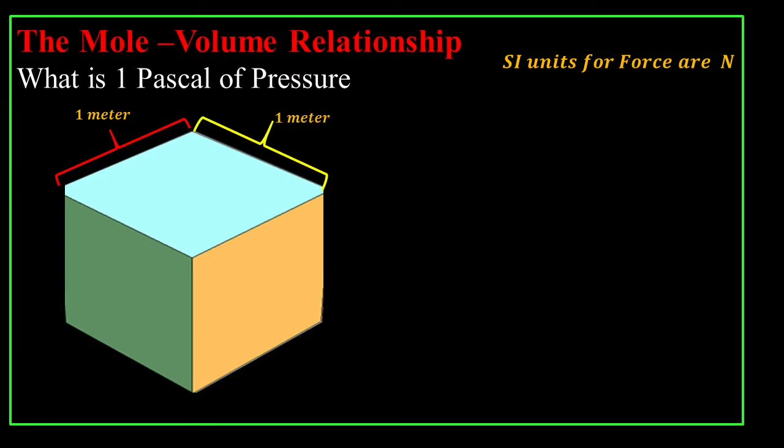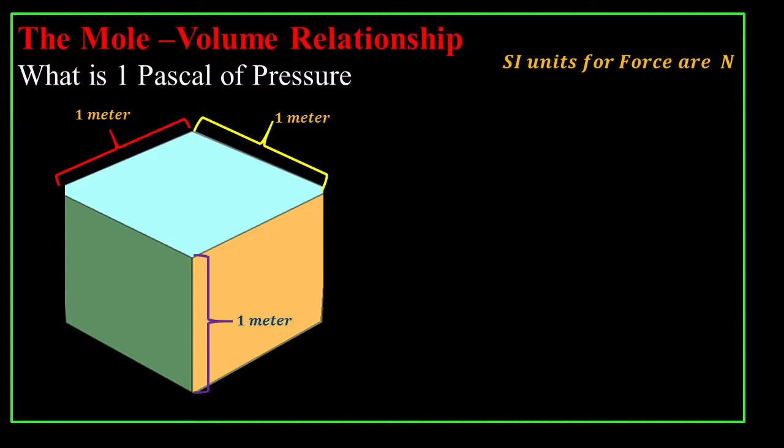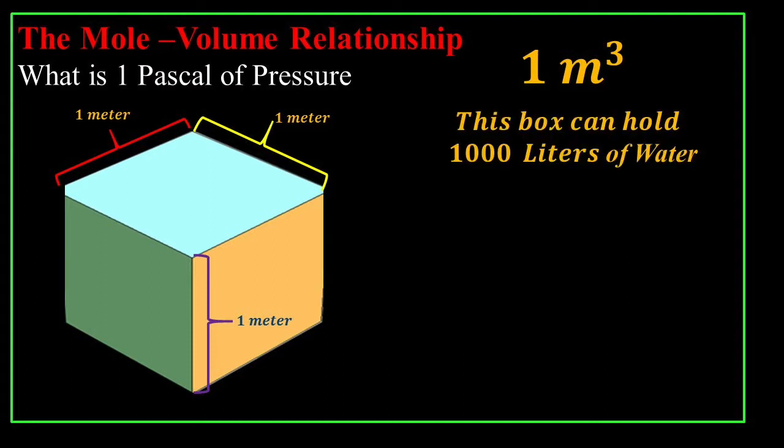Its volume is 1 cubic meter, but it is sitting on 1 square meter of floor. So this box can hold 1,000 liters of water.